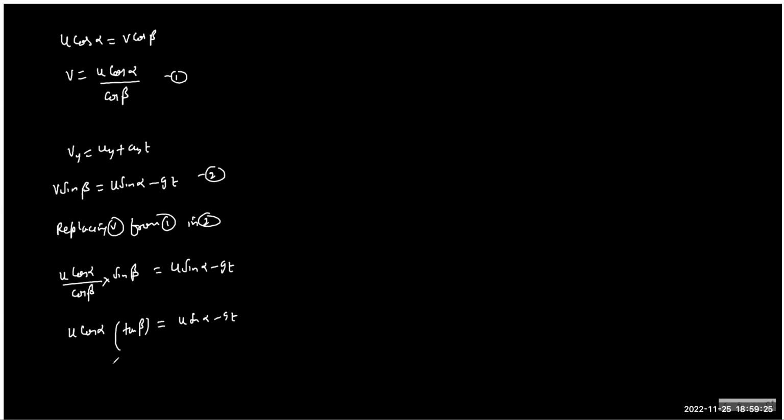So you have to solve, first of all, rearrange. So GT equals U sin alpha minus cos alpha tan beta. Correct? So U is how much? GT upon sin alpha minus cos alpha tan beta.